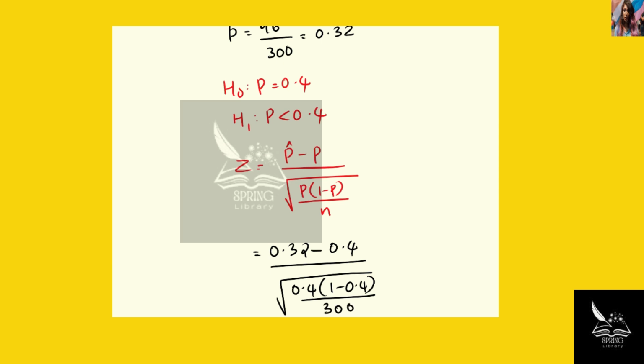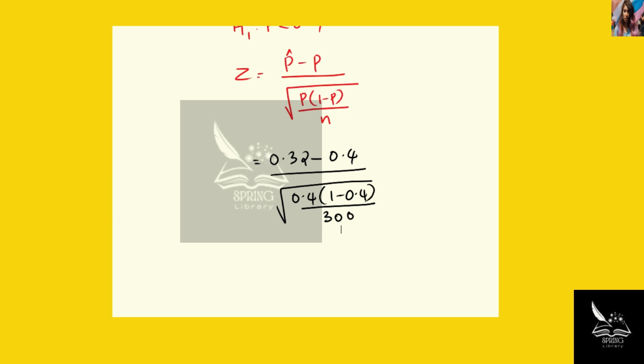On simplifying, the value of the test statistic is Z equal to minus 2.83. The critical Z value is minus 2.33.